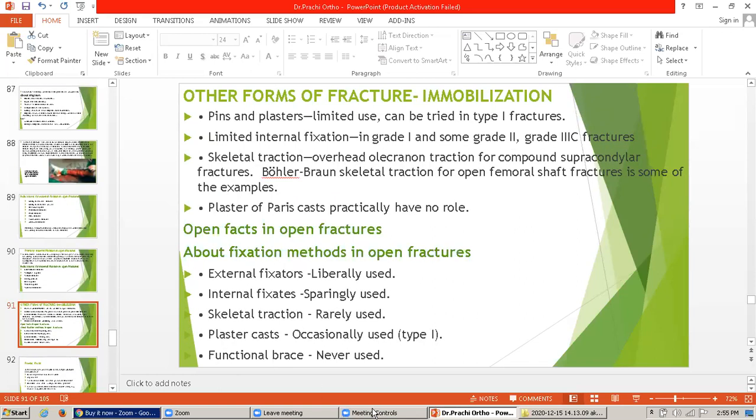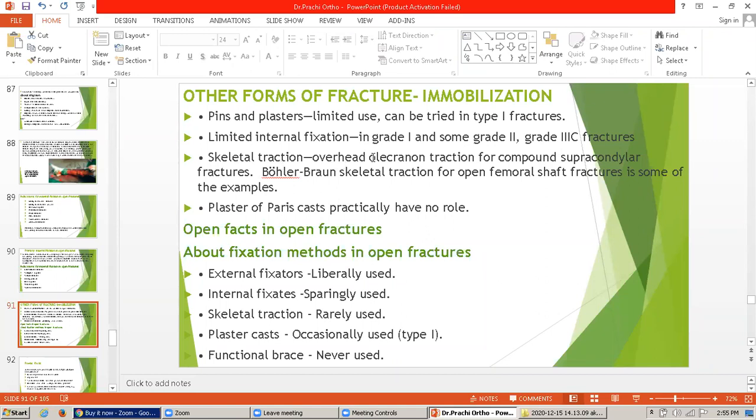Then, other forms of treatment of the fractures, that is immobilization. Pins and plaster have limited use and can be tried in type 1 fracture. Limited internal fixation, that is in grade 1 and in some grade 2, grade 3C fracture, there is limited internal fixation.